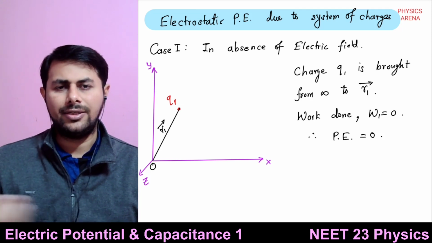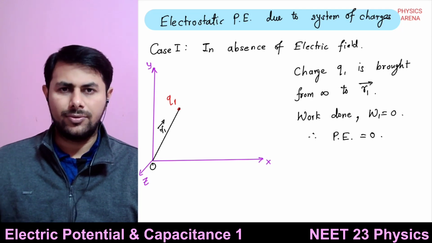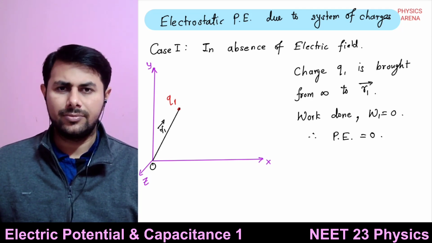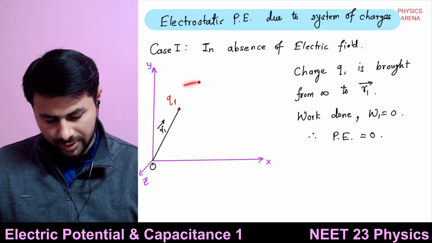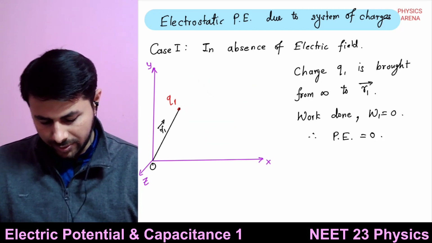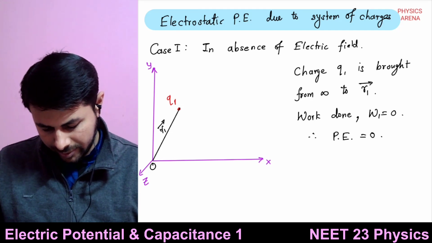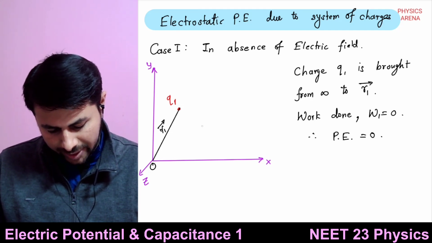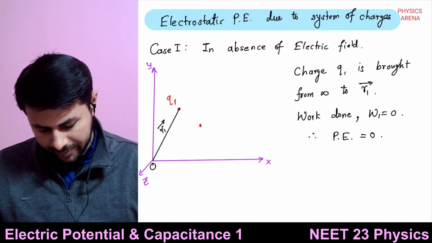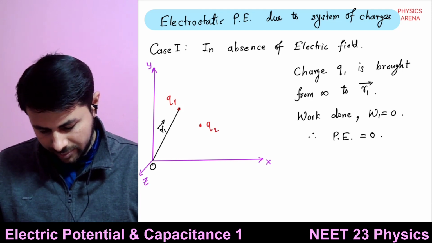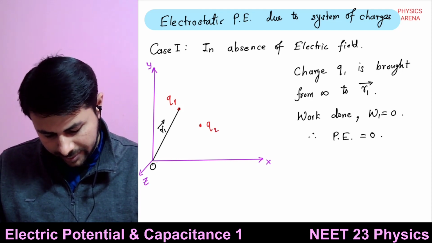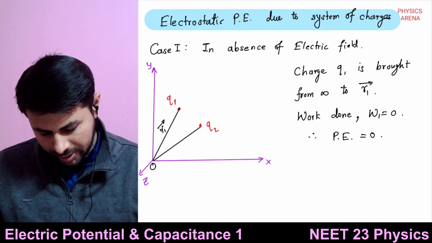Now you bring the second charge Q2 and keep it somewhere in this space. Let's suppose we keep it at position vector R2 bar. So this is Q2 and we keep it at this position vector.